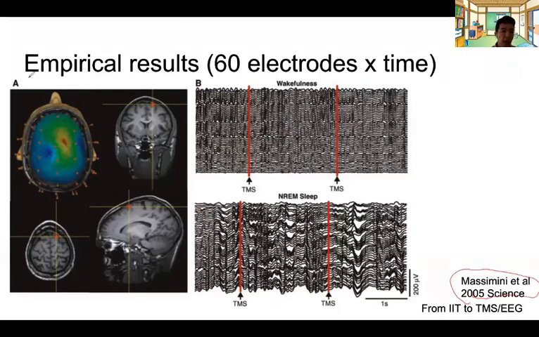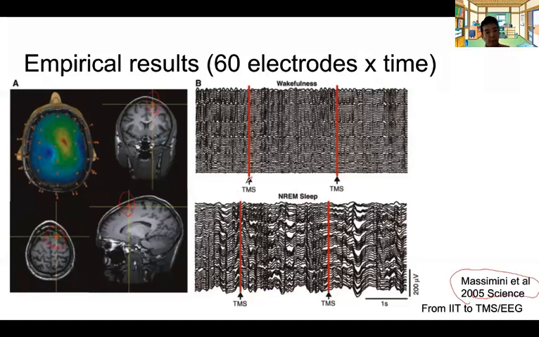So here, part A corresponds to the location of the TMS. Here is the anterior right side, above the frontal areas, and that's the location of the TMS. This is the sagittal, axial and coronal slice.